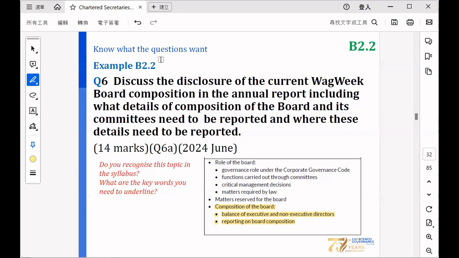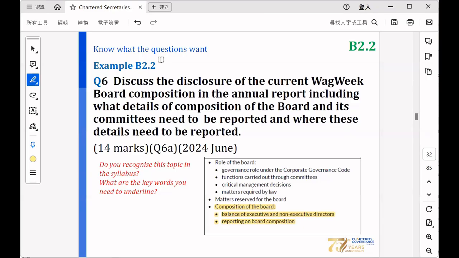It's also in the D2 of the listing rule, which requires a listed company to include a corporate governance report prepared by the board of directors in their annual report and the summary financial reports.